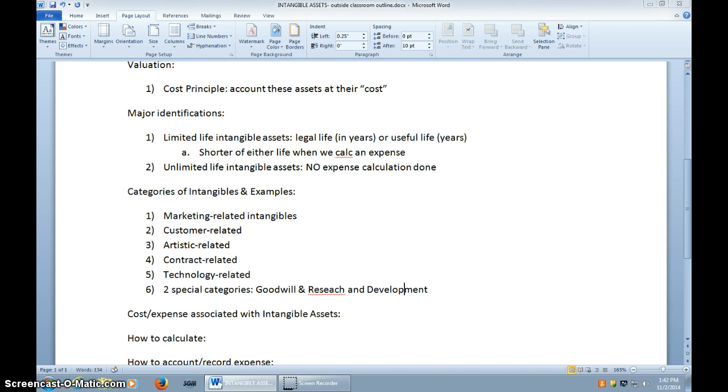We'll talk about that later. Okay, so these are all different categories of intangible assets.